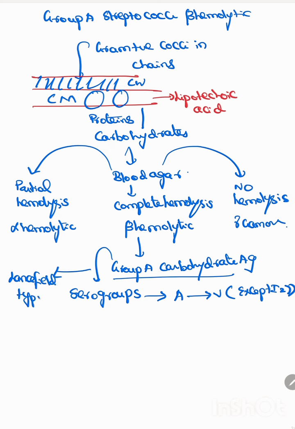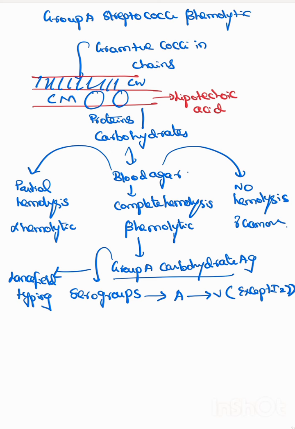So the streptococcus which produces complete hemolysis becomes the beta hemolytic streptococcus, and these can be divided based on the carbohydrate antigen into groups A, B, C, etc.